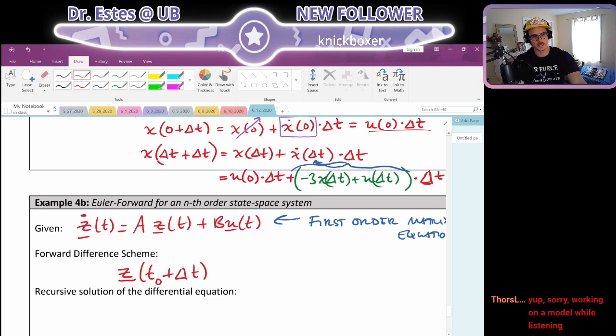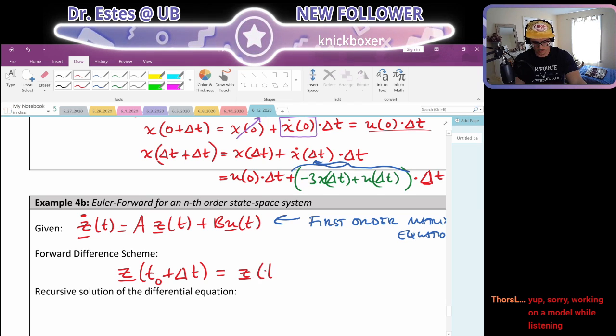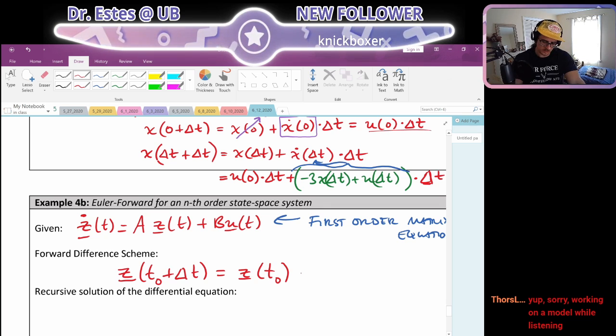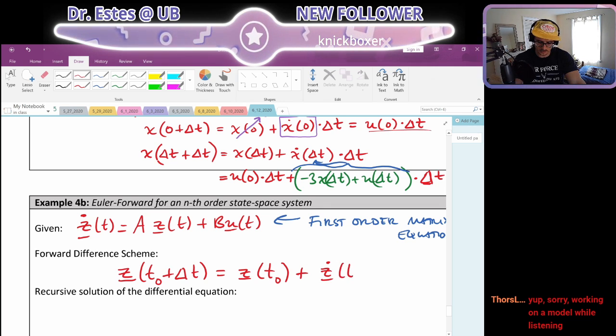If I want to predict where it's going to be a little bit forward in the future, it's going to be whatever the vector values are right now, plus the derivative of those vector values right now times delta t.